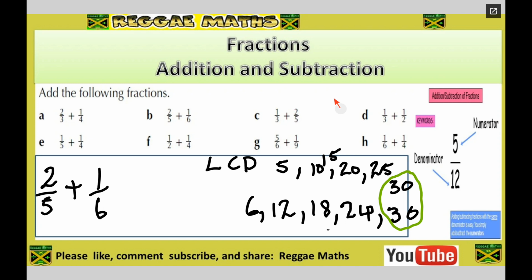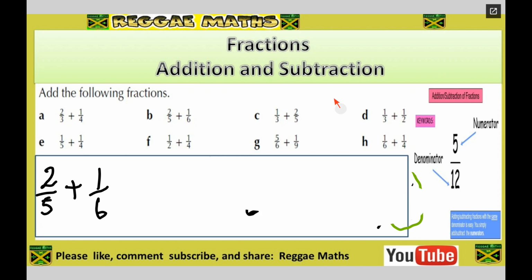So if I rewrite this now, the lowest common denominator is 30, so 30 over 30. Next step, what did I do here to get 30? I multiply 6 times 5 is 30.